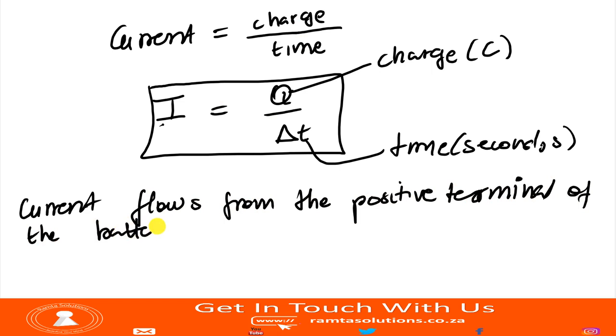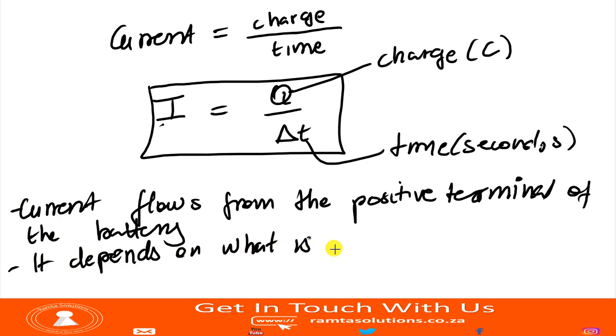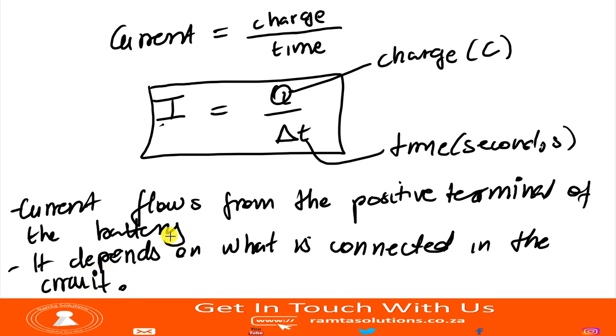Then it depends on what is connected in the circuit. So current will change depending on what is connected in the circuit.